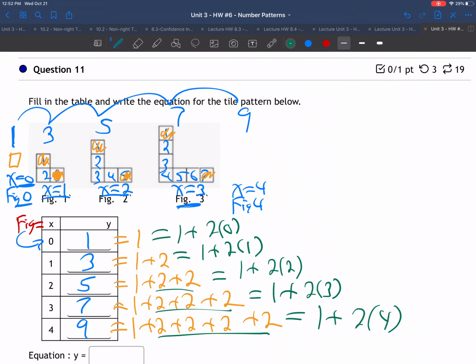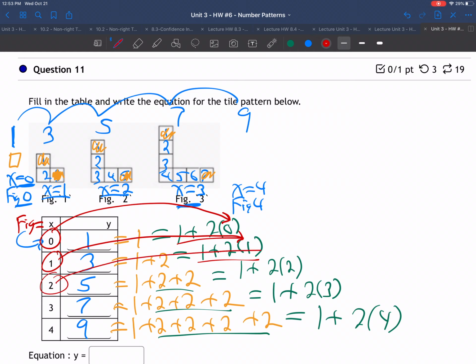Well, what pattern? We're trying to connect x to y. So look at the pattern. When x is 0, you take 1 and you add 2 0 times. When x is 1, you start with 1, you add 2 1 time.